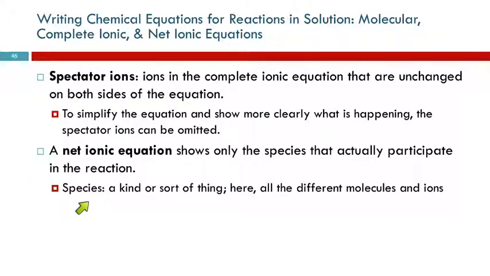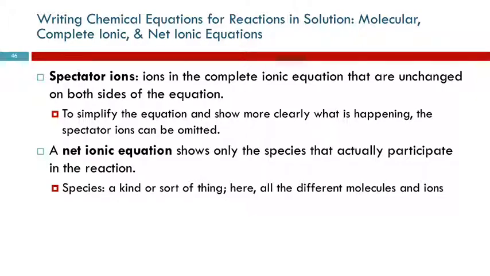We use the word species. So it shows only the species that actually participate in the reaction. Species refers to a kind or sort of thing. What we're using it here to mean is all the different molecules or ions. We get tired of saying molecules or ions. This is kind of long. So we just say species.